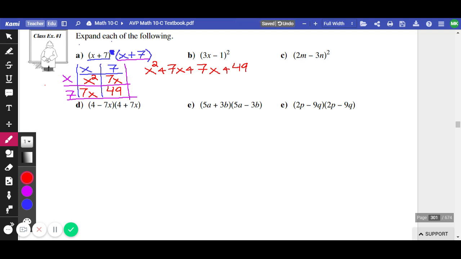In that polynomial, you might have something that could simplify, right? Like terms. That means you have the same letter with the same exponent. This right here and this right here are both 7x to the power of 1. That's like terms. So we add them together. You go 7 plus 7 is 14x. The other things could not combine.